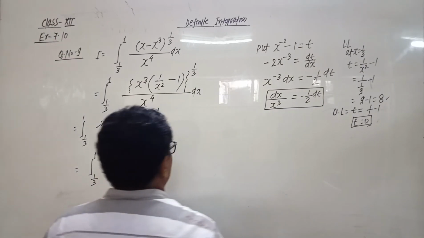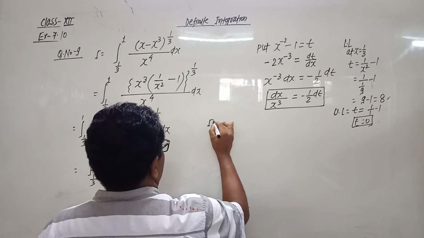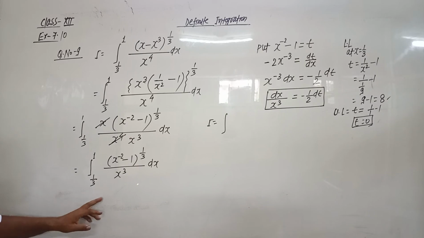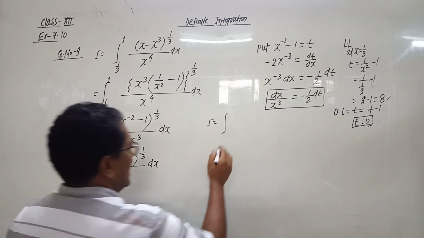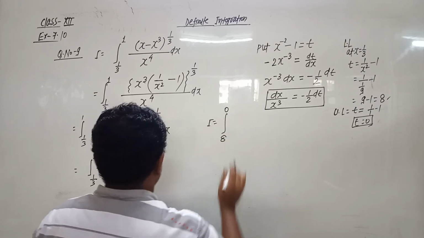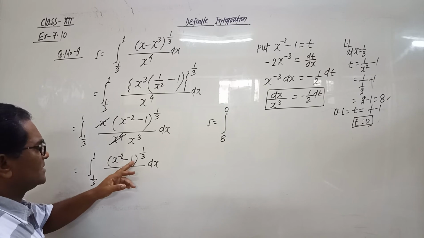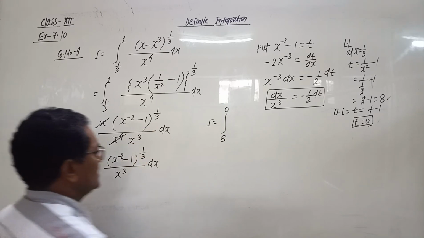Now this expression can be written as I equals to integration. We have changed the limit, so lower limit is 8 and upper limit is 0. So from 8 to 0, and x raised to the power minus 2 minus 1, we have taken t.